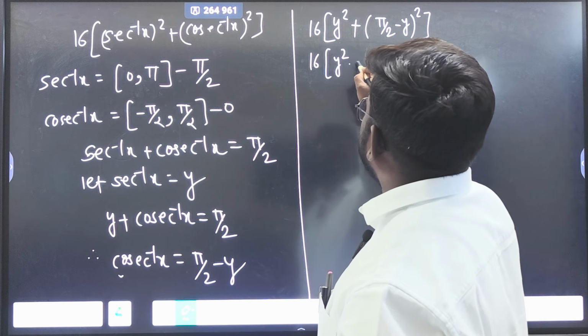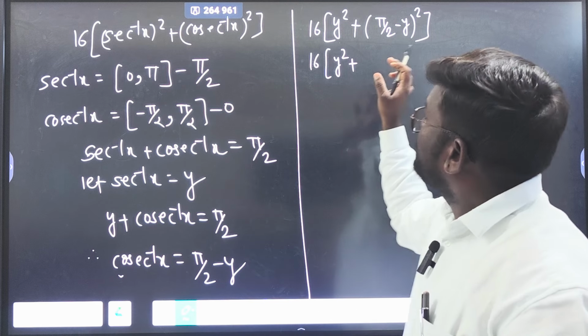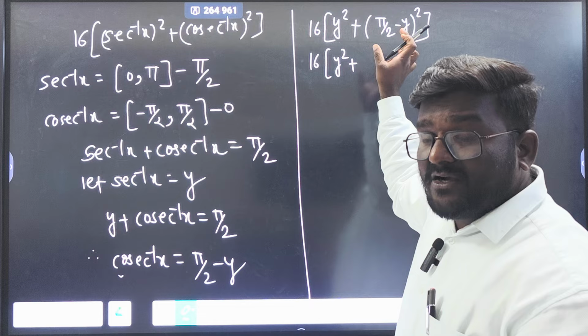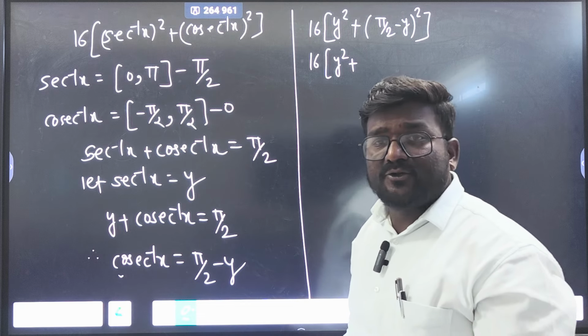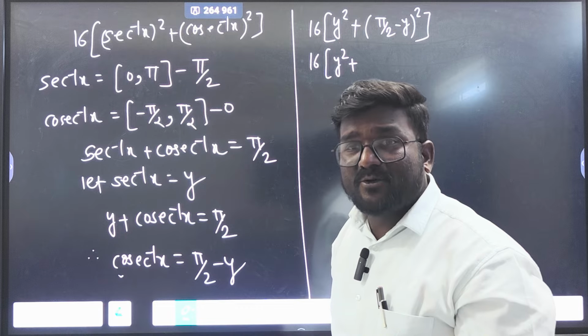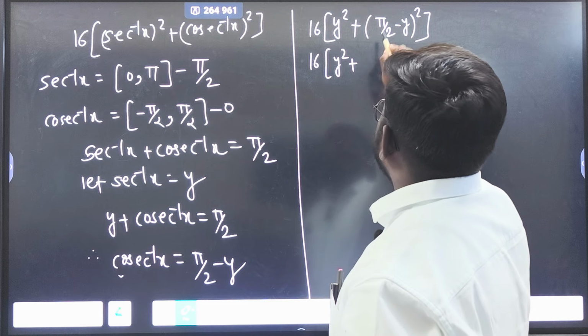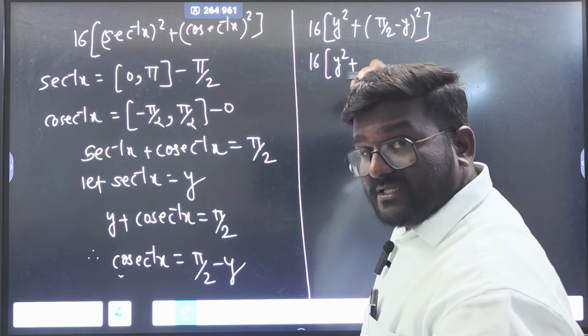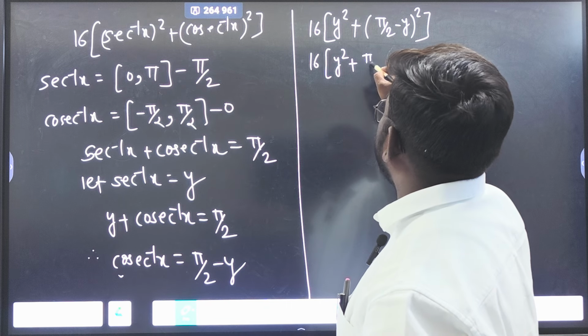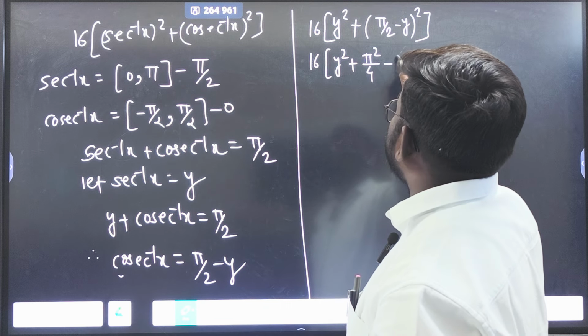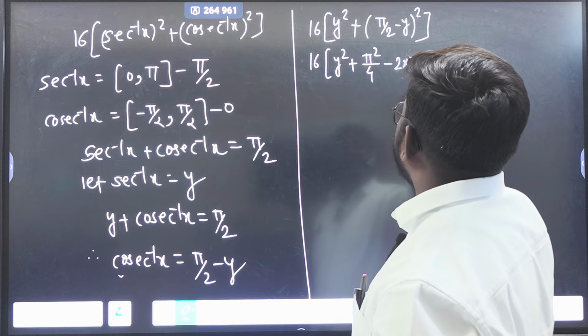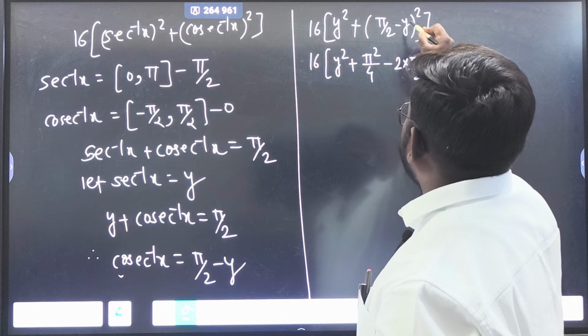So y square. Now I'm using one identity of algebra. All of you know that (a minus b) whole square is a square minus 2ab plus b square. Here a is pi by 2, so the square of pi by 2 is pi square by 4, minus 2 times a into b, plus b square.